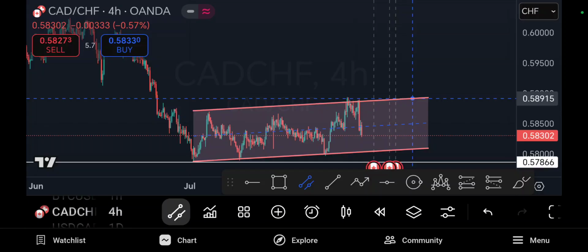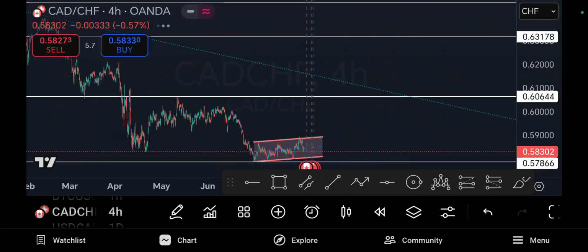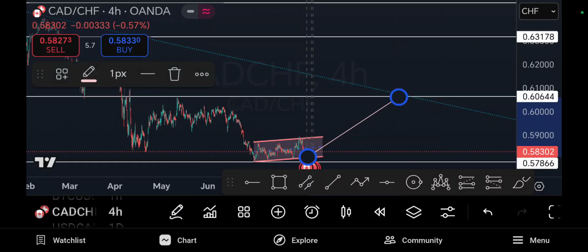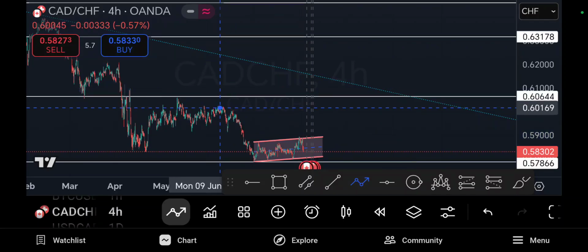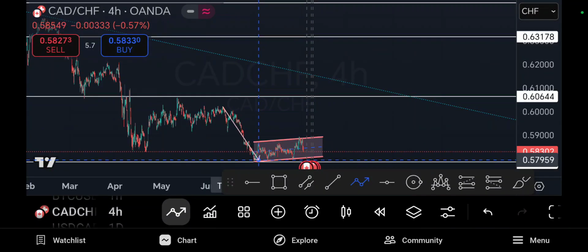But also, probability, it could actually come retest there and give us the nice push to the downside. That's also highly likely.